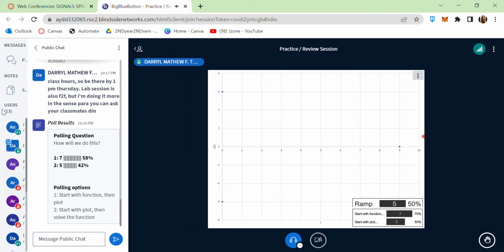I'll generate a function na medyo madali i-plot given yung laman natin.